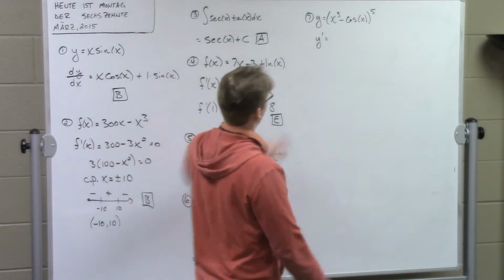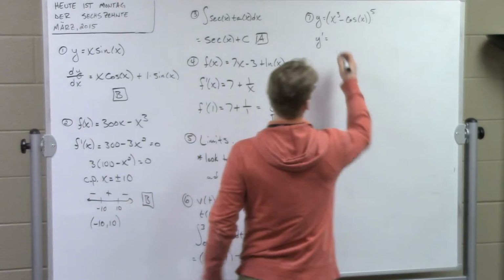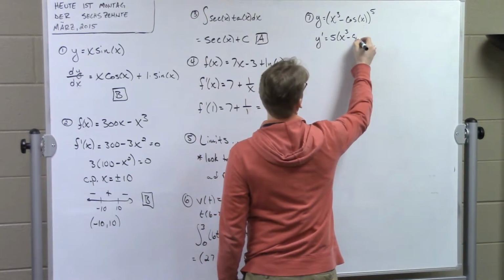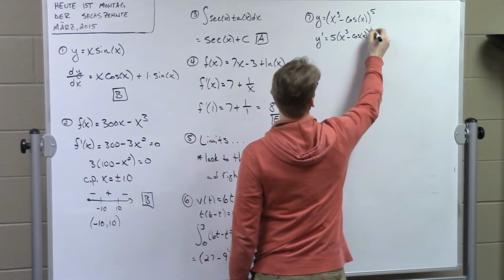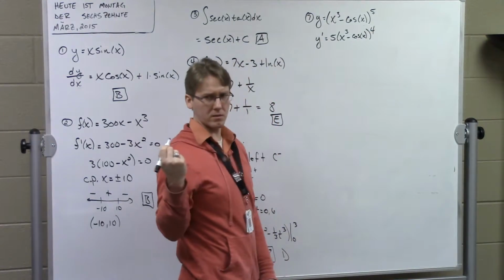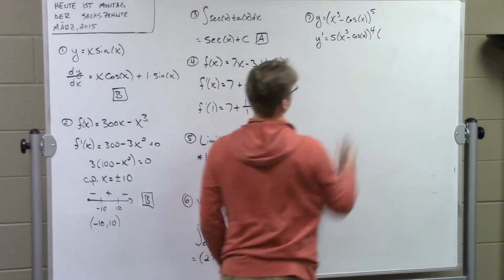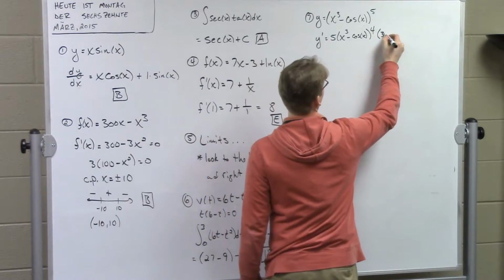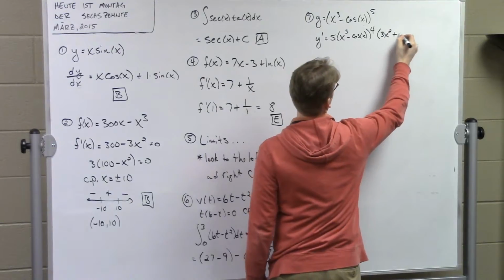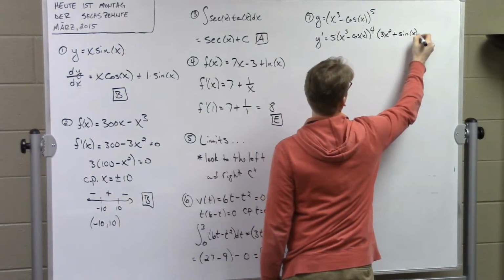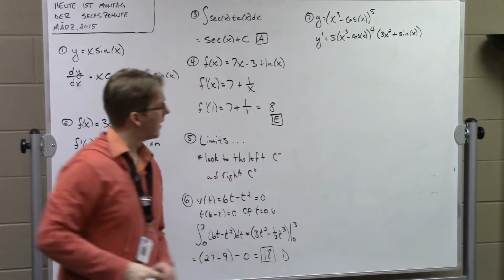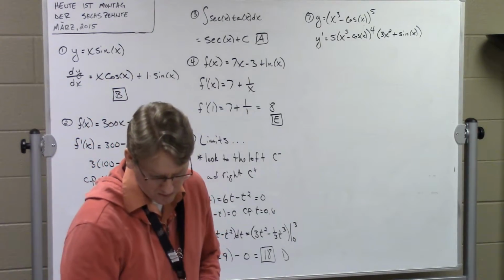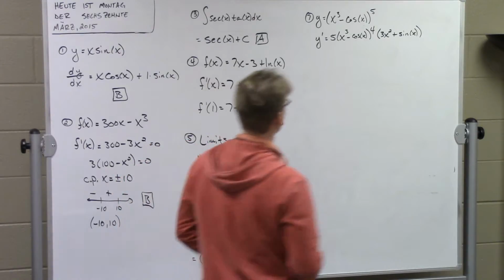So chain rule, we have something to the 5th power, so we'll take the derivative of that first: 5 times the function to the 4th. That's how it starts. The chain part, because this wasn't a good old x, we take its derivative and get 3x squared plus sine x. And I do not think there is any doctoring to do to that. I think the answer is E. Yep, E.